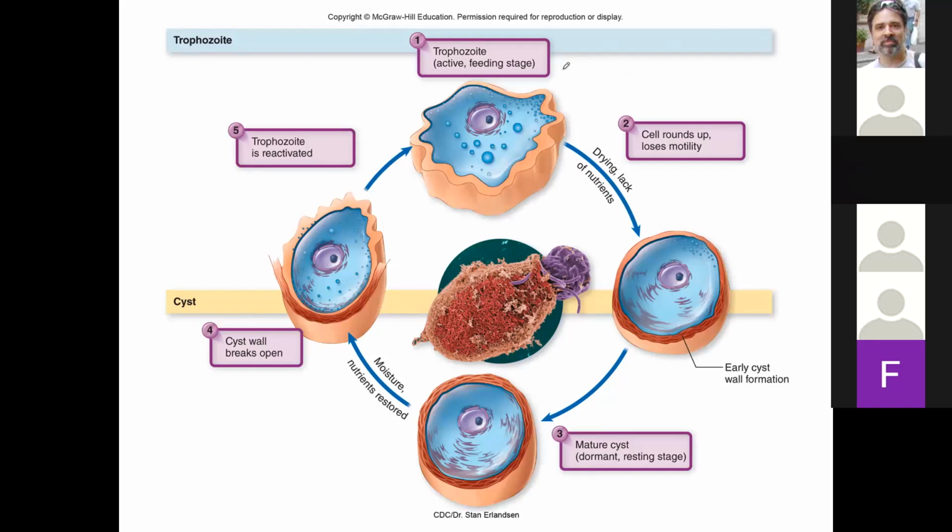You can see an example here of a simple life cycle, right? You've got the free feeding stage, the trophozoite. Then we have poor nutritional conditions. So the result is early cyst wall formation, right? Then we get a mature cyst, the resting stage.